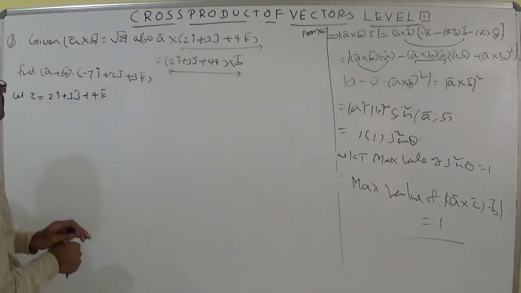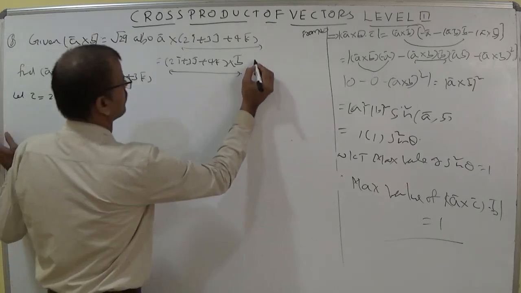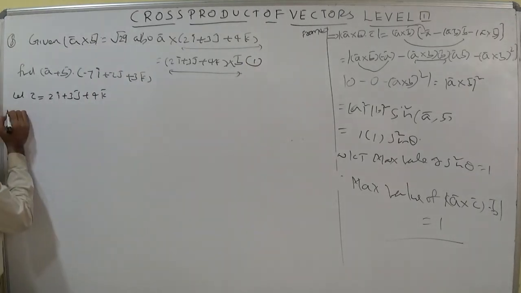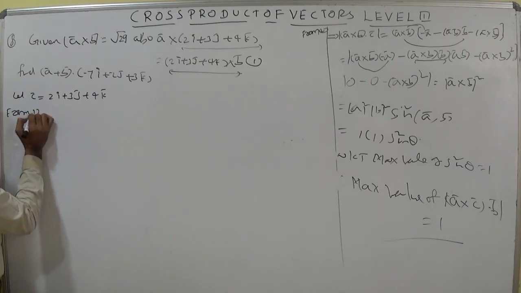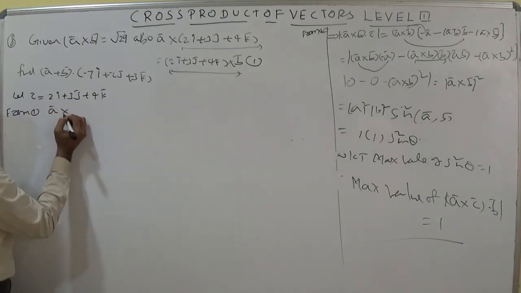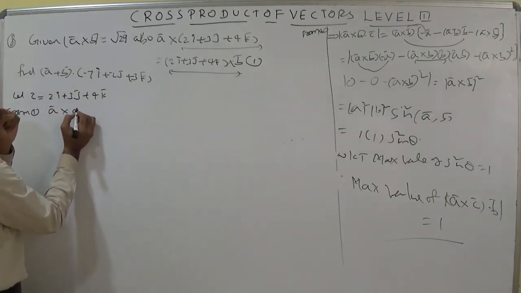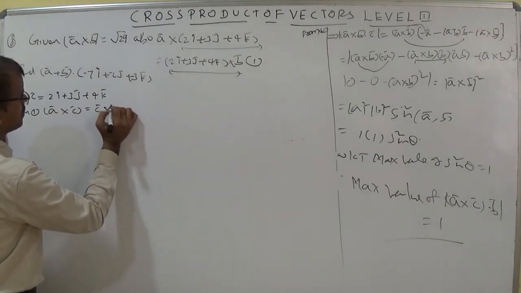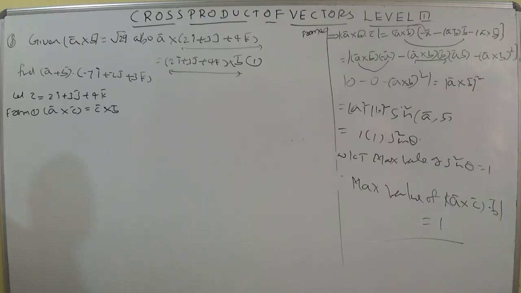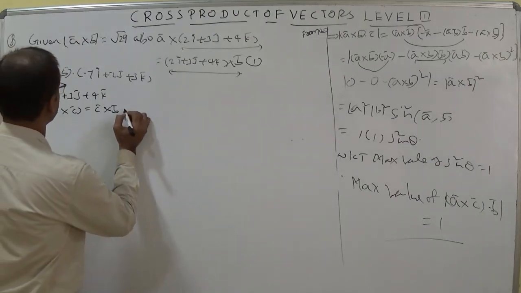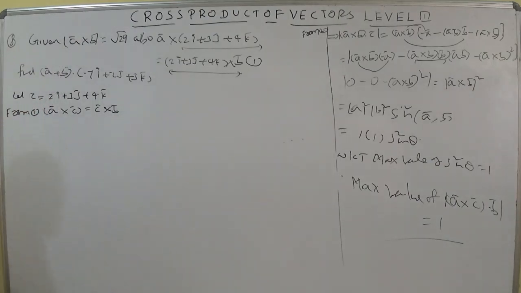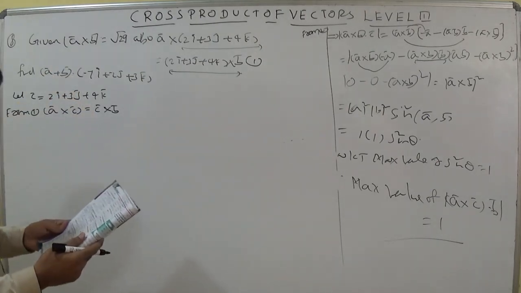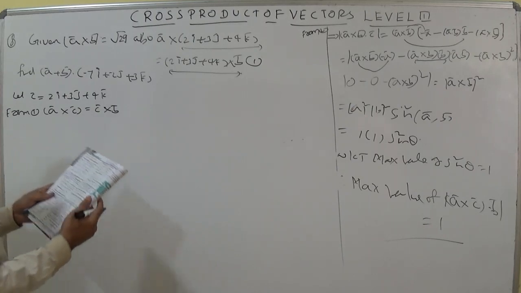Using the condition, let it be 1. Using the given condition, I am writing here from 1, A cross C is equal to C cross B. Now we should calculate, he given the modulus of A cross B, modulus of A plus B.